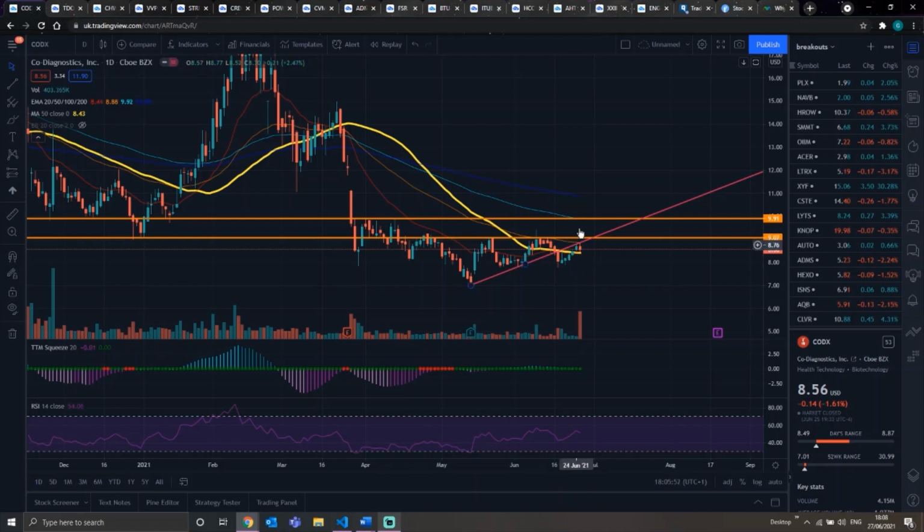So what the play would obviously be on this one is either for it to find another higher low and give us a trend line kind of going along these levels, even though they're going to be a bit ugly. We'll want it to find something in there, or we'd wait for it to break out of this, or even out of this, depending on how strong you are in terms of buying in.